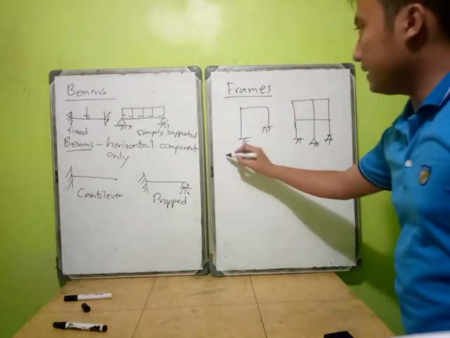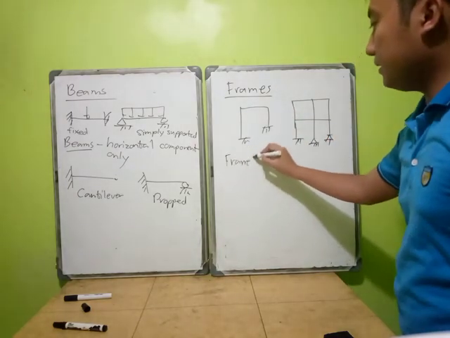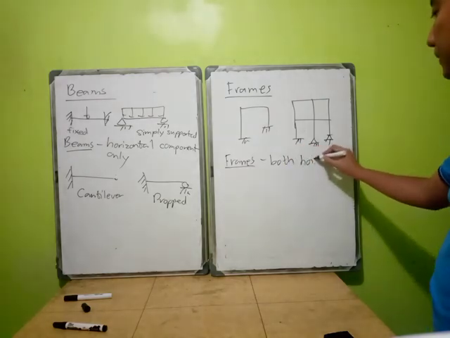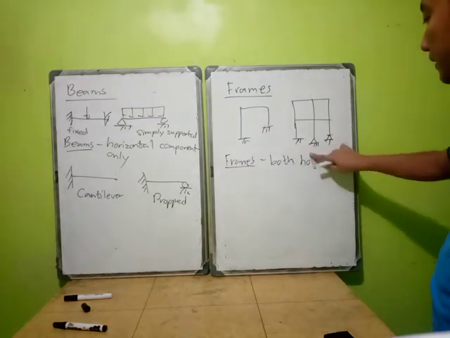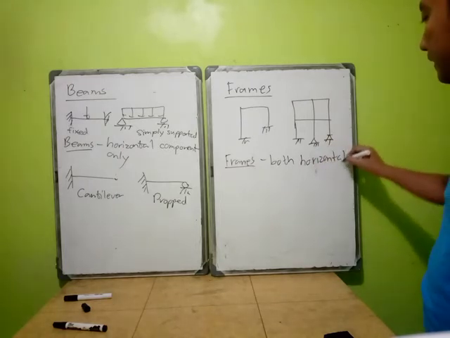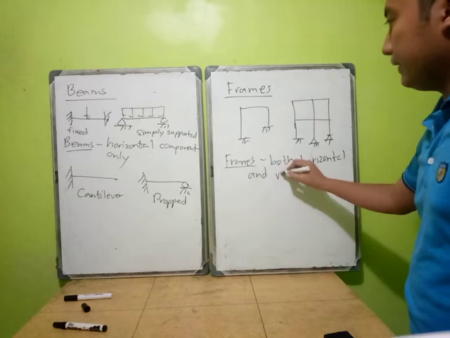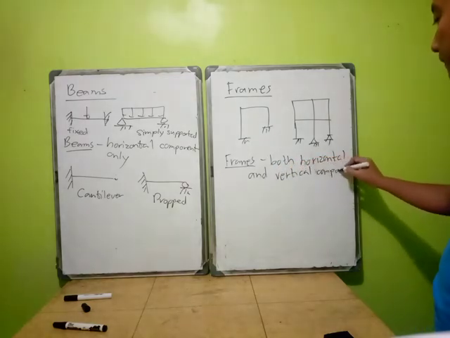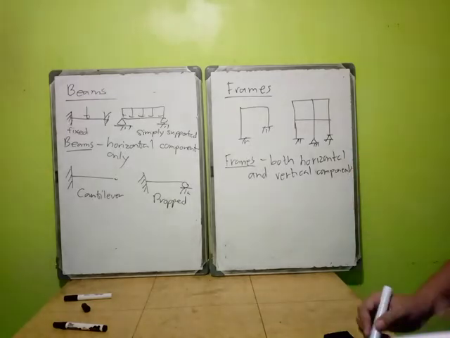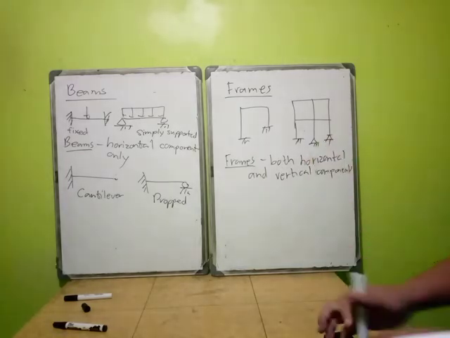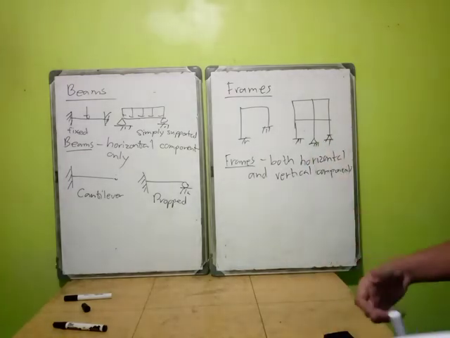So, kapag frames, it is composed of both horizontal and vertical components. Yan yung kaibahan ni beams tsaka ni frame. Si beams, horizontal component only. Kapag frames, both horizontal and vertical.